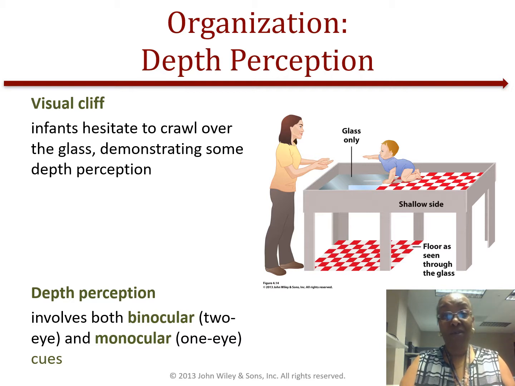If they think they're going to fall off, they'll stop. This indicates that they perceive the difference in depth, although they're an infant and haven't learned it yet. The same can hold true for baby animals that may walk almost immediately after birth. Even 2-month-old infants show a change in heart rate when placed on the deep versus shallow side of a visual cliff.